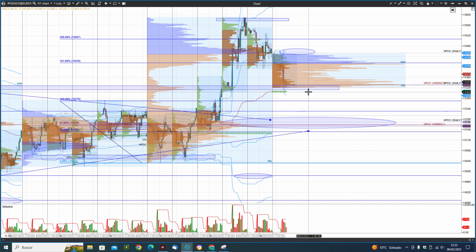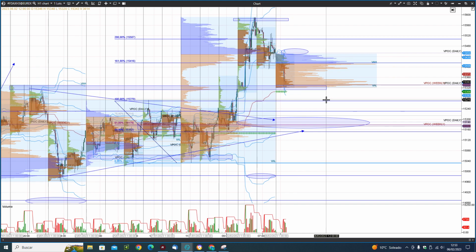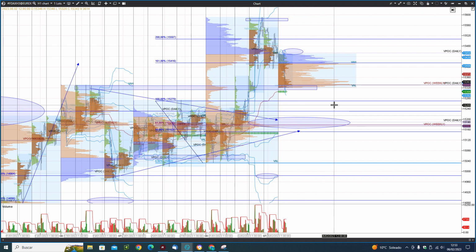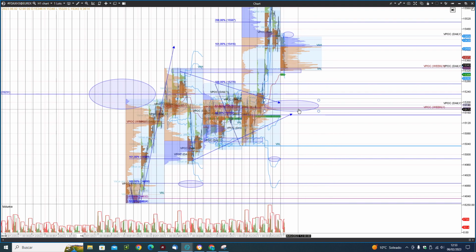Okay, next step would be this final of VWAP line 15,305, and the main target, if the price drops along this low volume zone, it can easily go to this high density volume point, this weekly VPOC, weekly naked VPOC at 15,173.